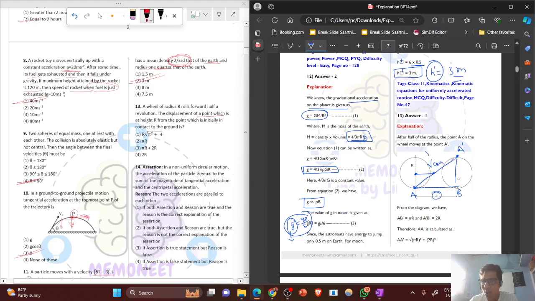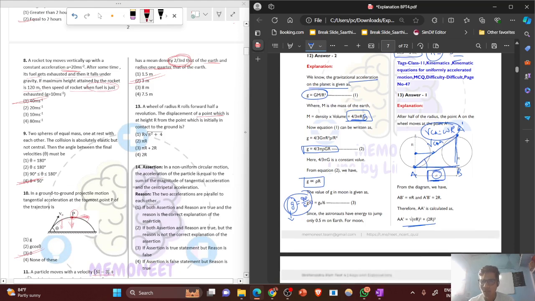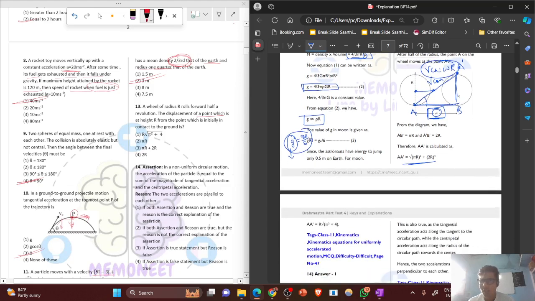You know v cm in pure rolling equals omega R. Put the omega R here, and then you have the radius capital R. Then it's a right angle triangle. You just need to calculate the hypotenuse. Hypotenuse will come out to be simply this value. So after calculating, your AA will come out to be R under root pi square plus 4. Option number first is your correct answer.